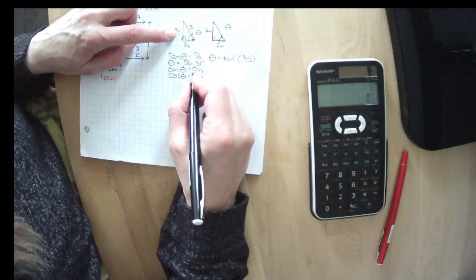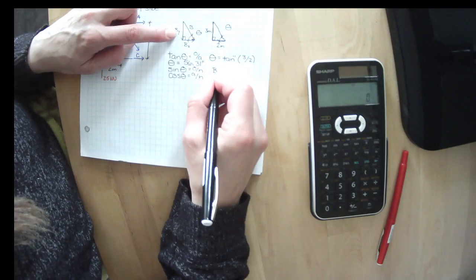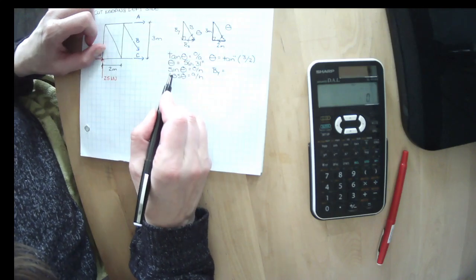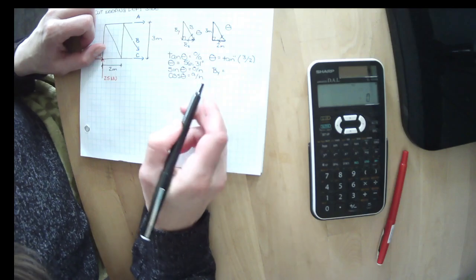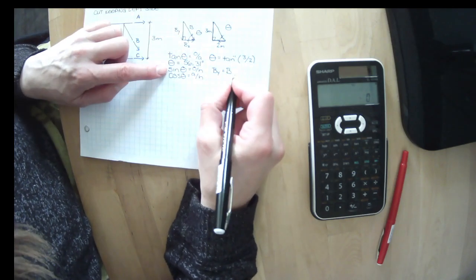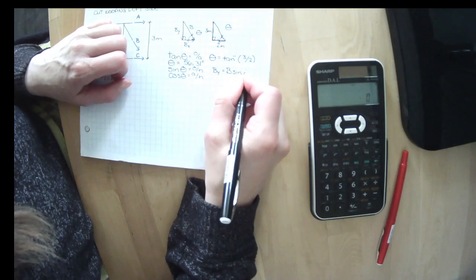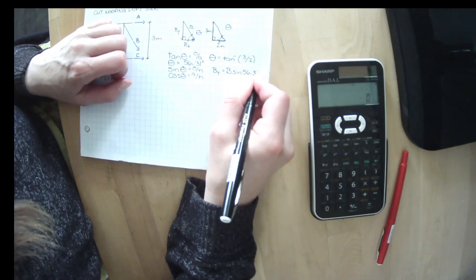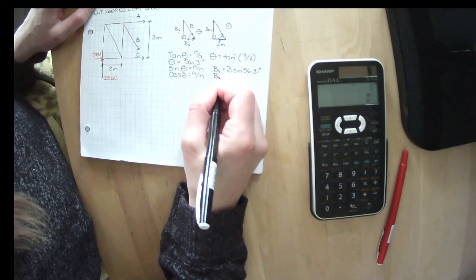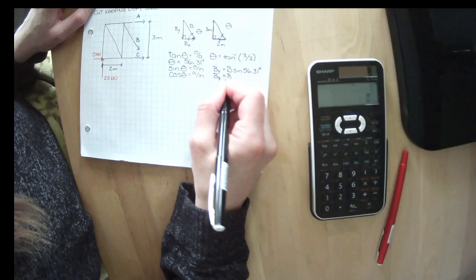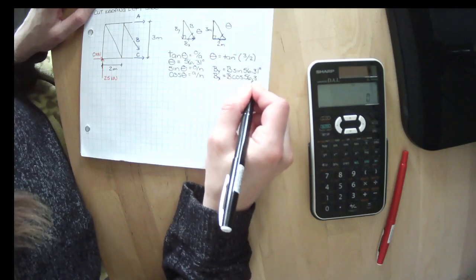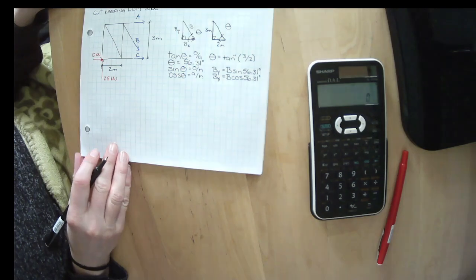Well, BY is the opposite side. BY, or opposite, is going to equal the sine of the angle times our hypotenuse. Our hypotenuse is B, and we have sine of 56.31 degrees. BX is going to be B times the cosine of 56.31 degrees.